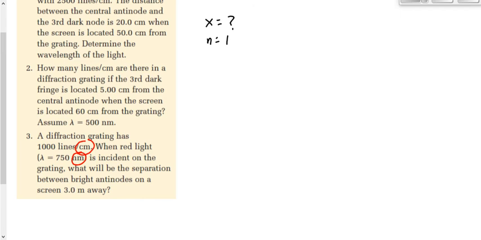So whether we're talking about the first and the second, or the 13th and the 14th, n is going to be equal to 1. 1 minus 0, 14 minus 13, n is going to be equal to 1. We get the value of 1 over d, it's 1,000. Lambda is 750 times 10 to the minus 9 meters.